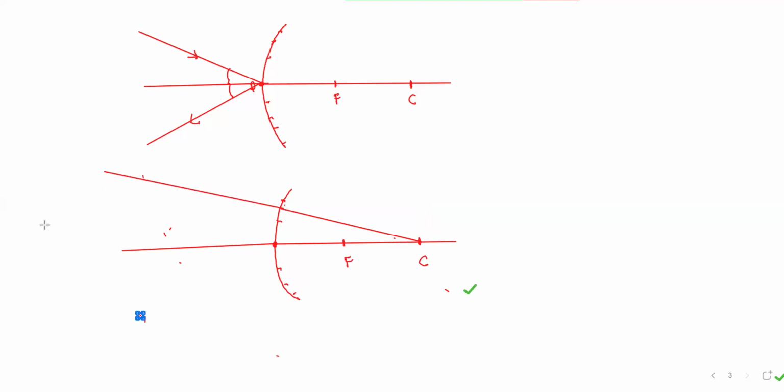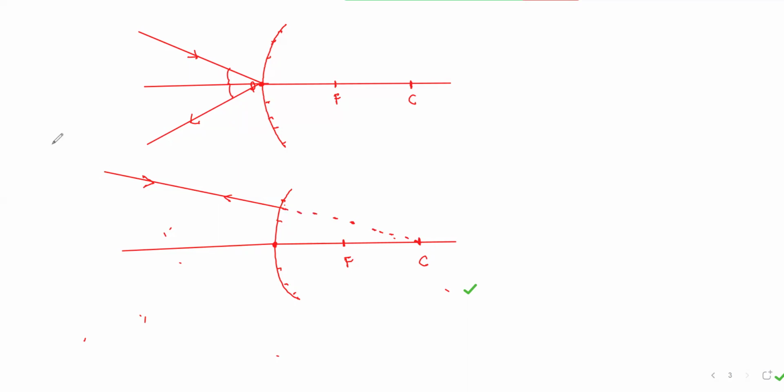So by this, what it simply means is that the ray is hitting the mirror at 90 and will reflect along the same path and appear to be passing through C. Must appear to be passing through C. A word of caution, do not use freehand for this.